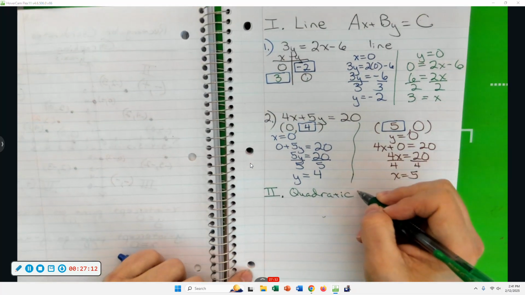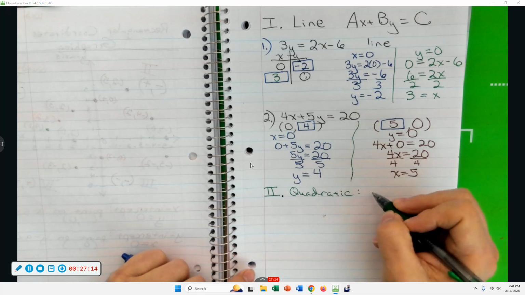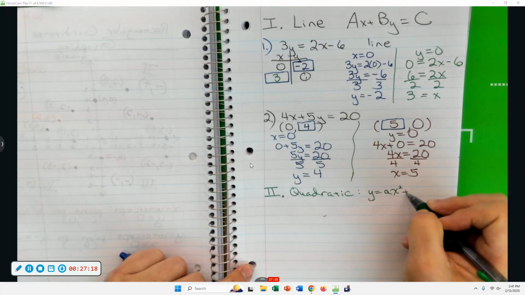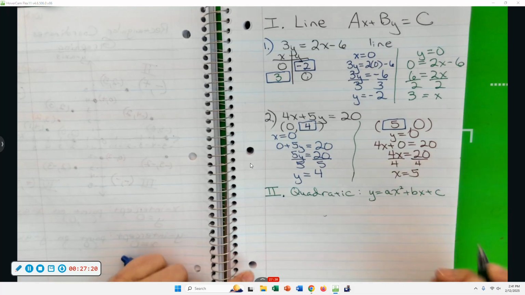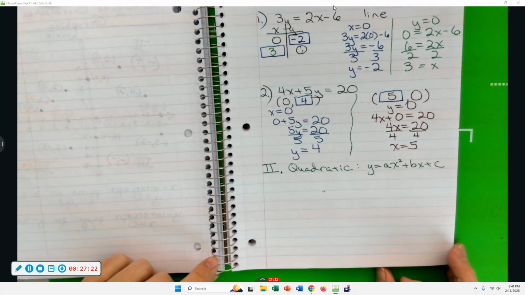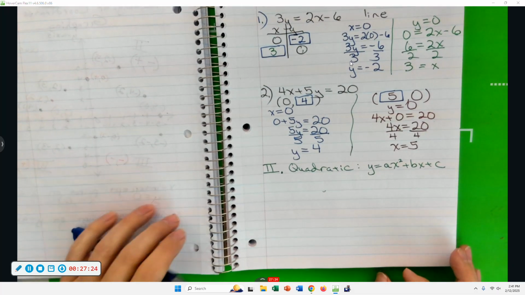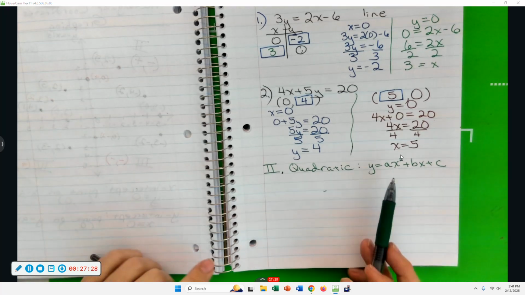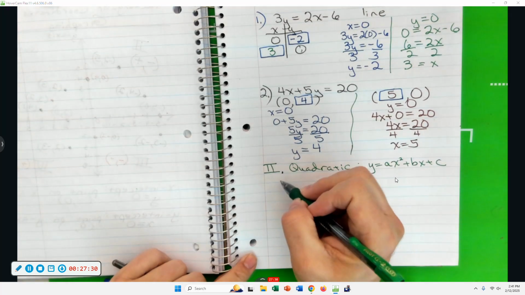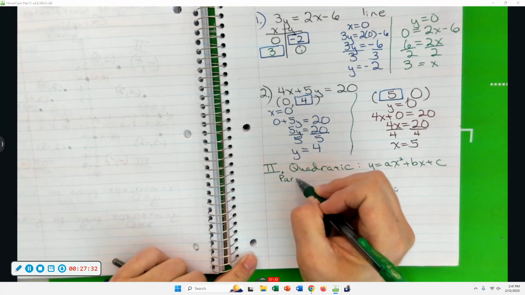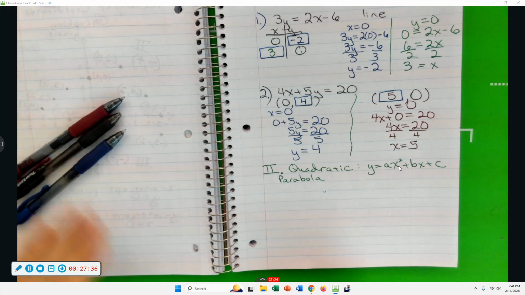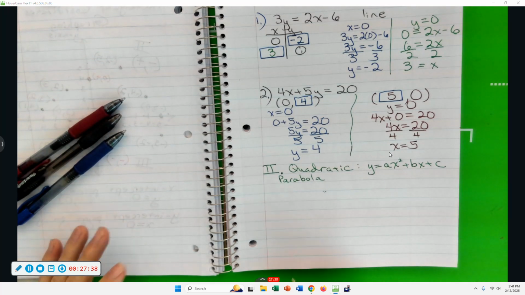So a quadratic would be in the form y equals ax squared plus bx plus c. The name of the shape that's generated from a quadratic is a parabola, P-A-R-A-B-O-L-A. And we're going to spend quite a bit of time with parabolas in a few weeks.